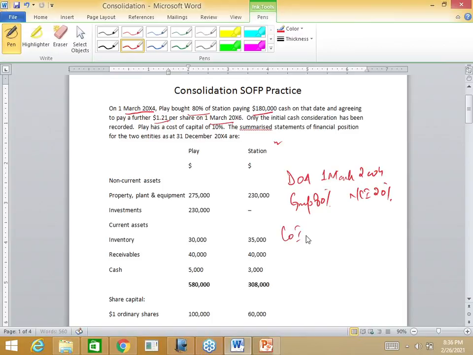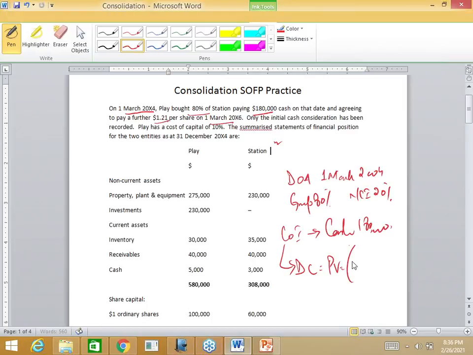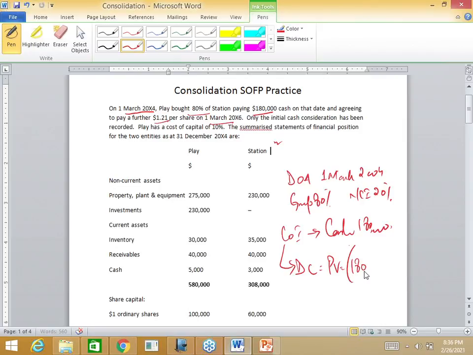So the cost of the investment will be partly in cash, which is 1,80,000, and partly in deferred consideration. So we take the present value of the deferred consideration.